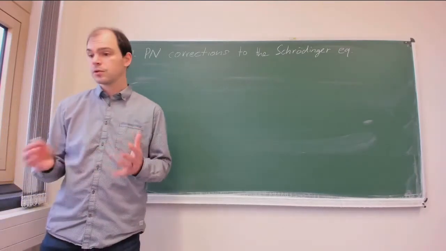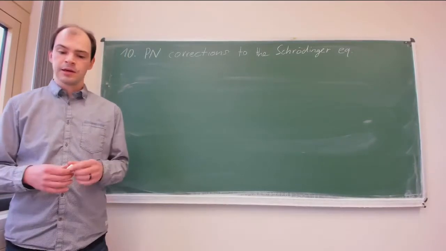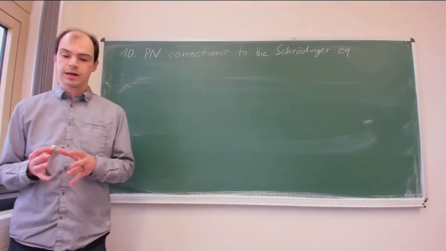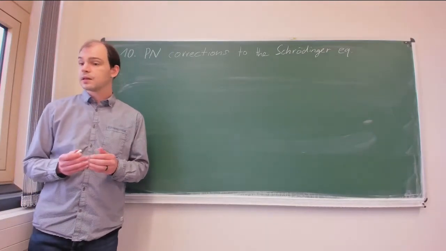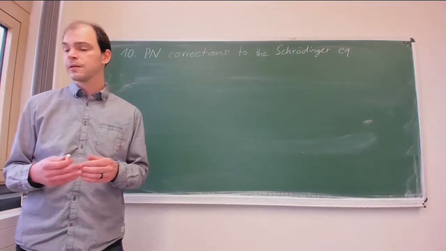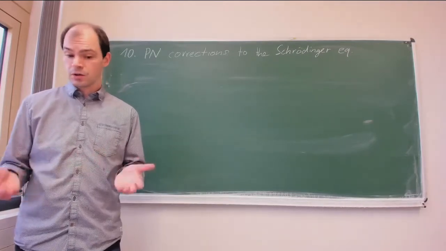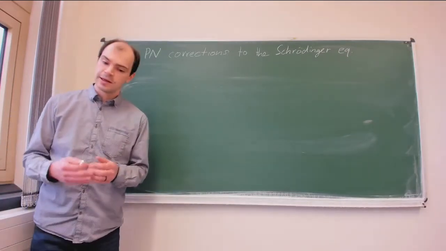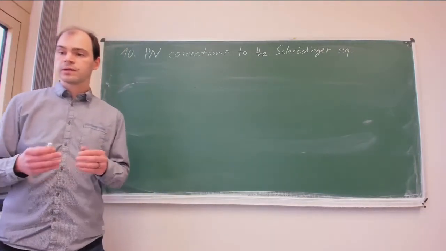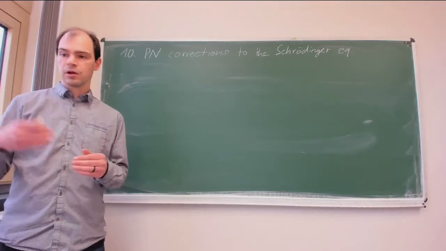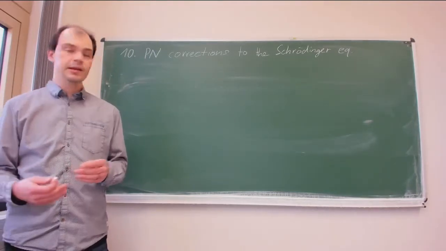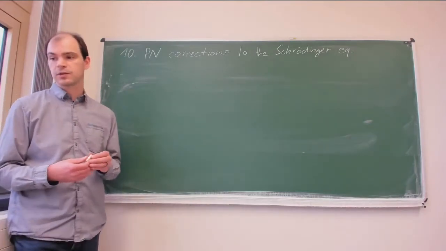So today we want to try to tie all of this together a bit and bring it on more solid ground. And we want to ask, in a more general way, if we have a Klein-Gordon field on a curved space-time and we take the non-relativistic limit of this, what is the Schrödinger equation that we get, and what are the relativistic, the post-Newtonian corrections to this Schrödinger equation.